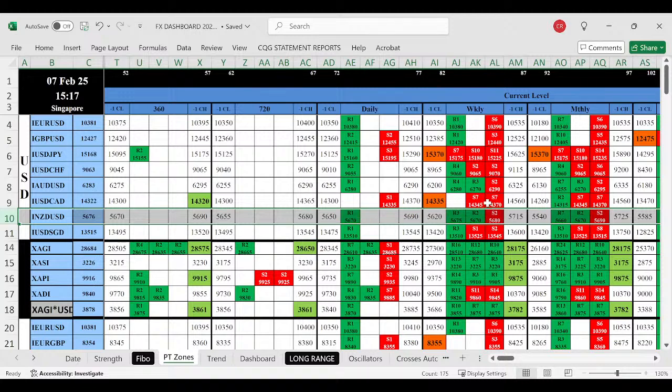The weekly, the SR1 has to clear. Then only we can see the strength, because until then, there are still sellers around. So that's the thing we need to take note. As of now, the buying levels, we can buy near 56.5 or 56.20, which is your previous week low.